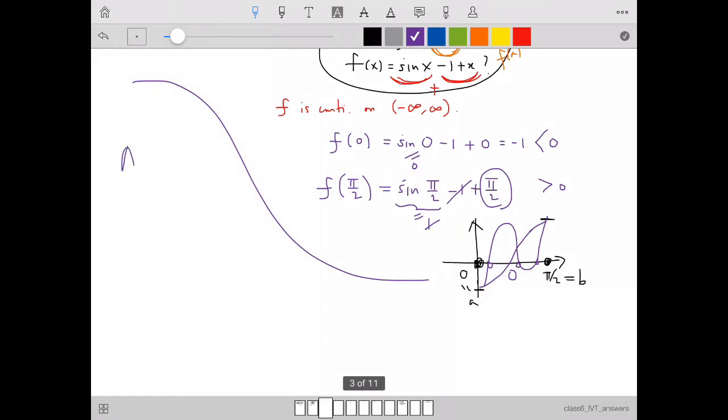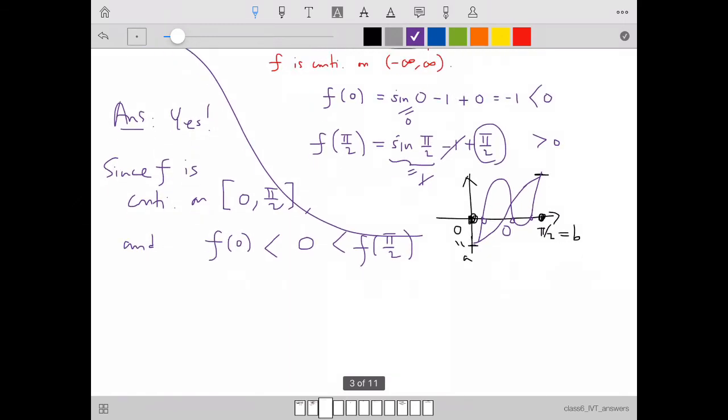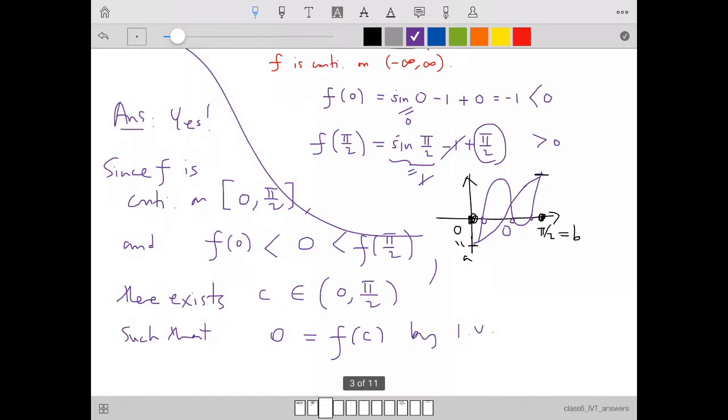So let's write down the answer. The solution: the answer is yes. Why? Because f is continuous on the closed interval 0, pi over 2, and f of 0 is less than 0, less than f of pi over 2. There exists c in the interval 0, pi over 2 such that 0 equals f of c by IVT.